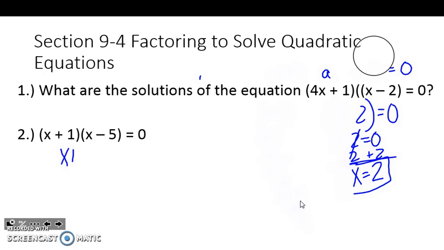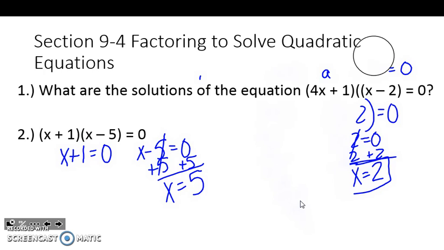So we're going to take x plus 1 equals 0 and x minus 5 equals 0 and solve. Yes, you have to show me setting up those problems and show all of your work for all of these problems. So our two possible answers are x equals negative 1 and x equals 5.